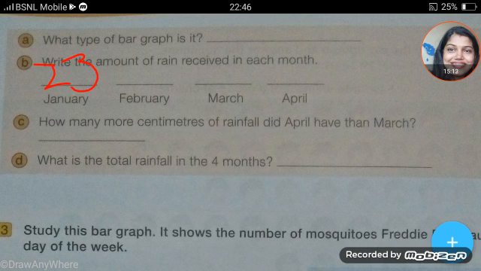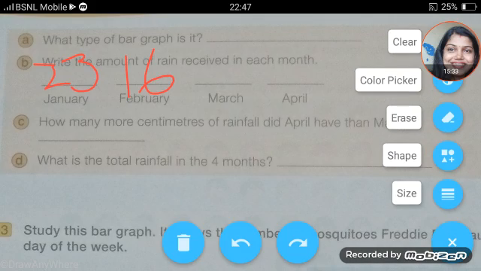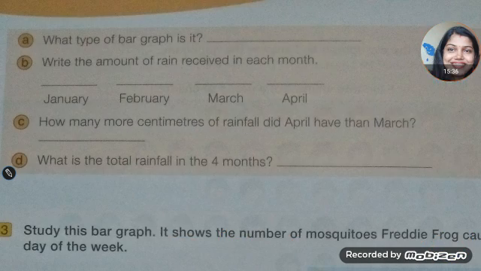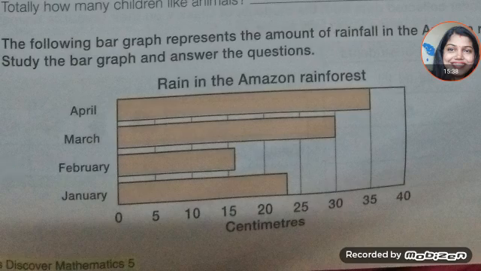You can just mark it, and for the safer side, if you just see the scale, it is in terms of multiples of 5. In February, or you can say February month, it is 16. Okay, and if you just see, I'll just show you the question.